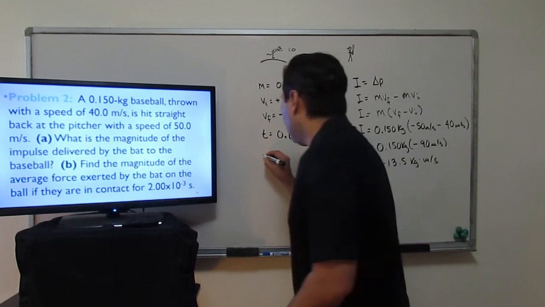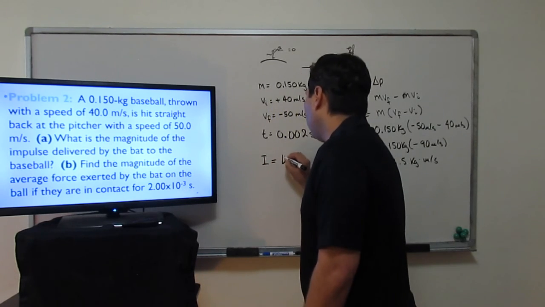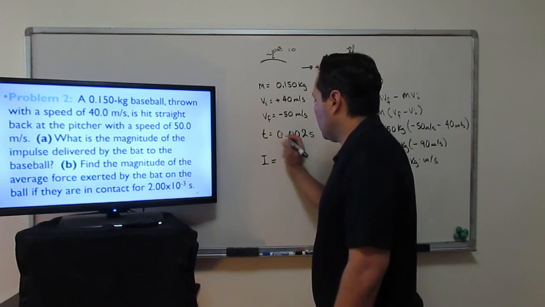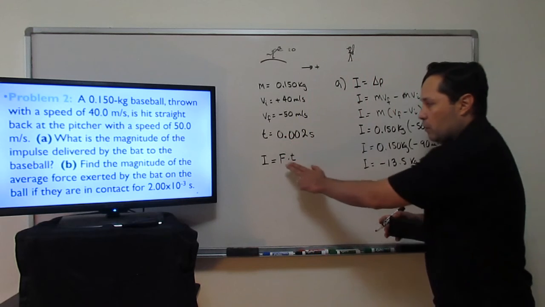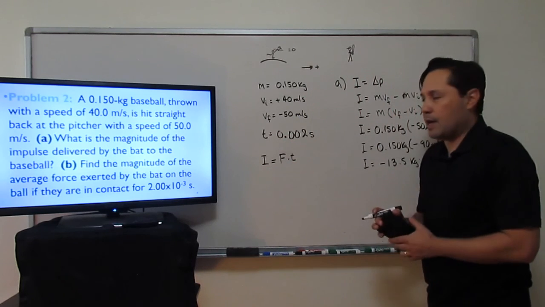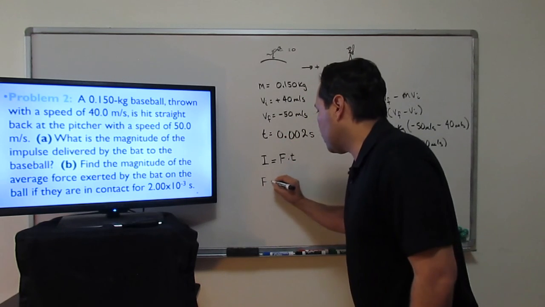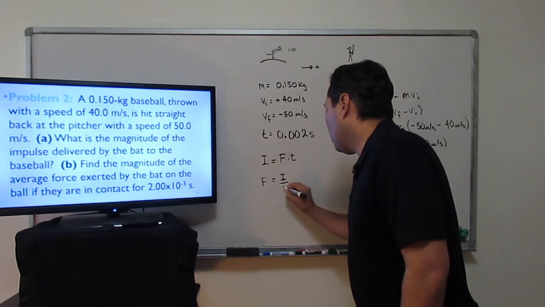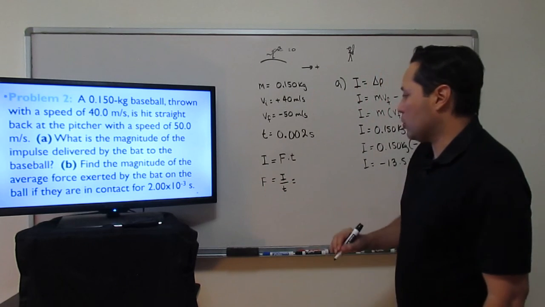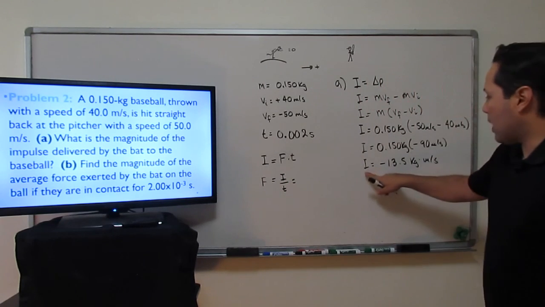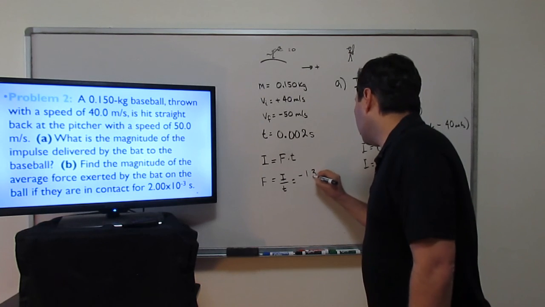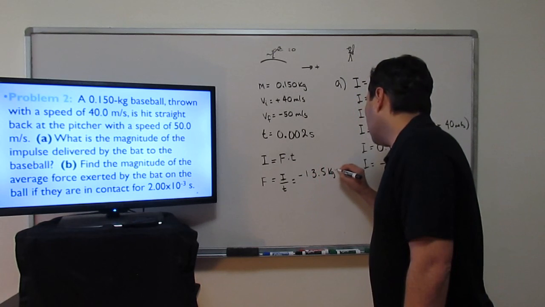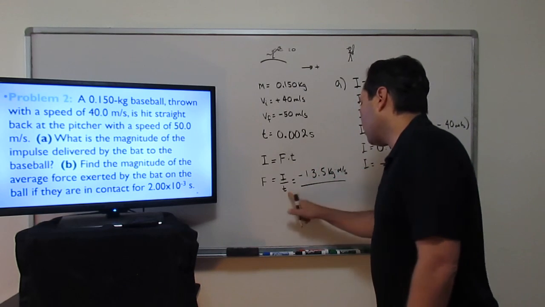All right, so we know impulse is equal to force times time. If you want the force, we divide both sides by the time. So we end up with this formula: force is equal to impulse over time, and that's going to give us our force. So we can plug in our values. We know that impulse is negative 13.5 kilograms meters per second over time.